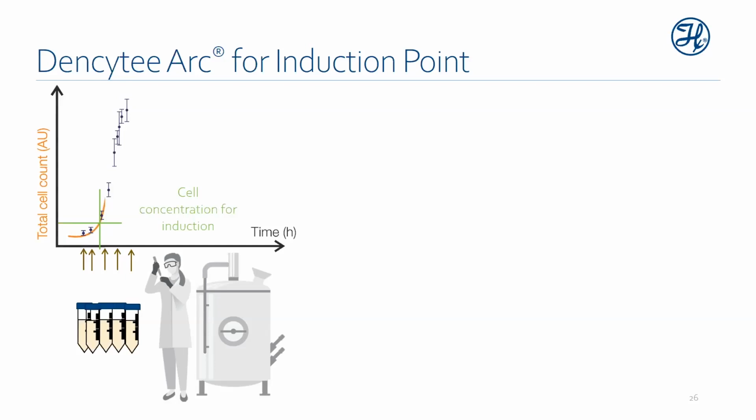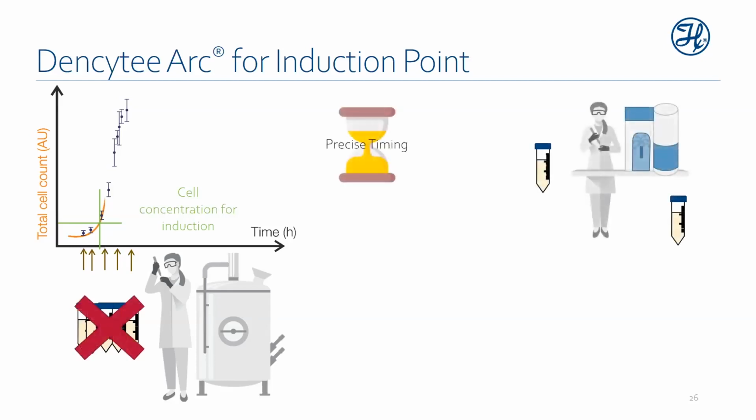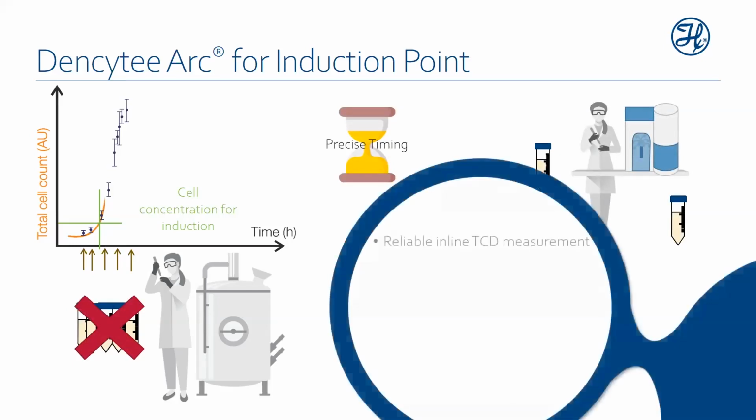In doing this, you can be more consistent and more precise. So with this, we'll say that it improves your timing when you make these critical process points. And it's applicable for low cell densities. If you can measure it with offline OD values, you can measure it with our sensor.